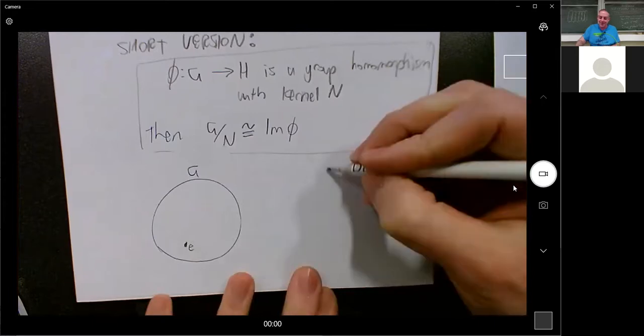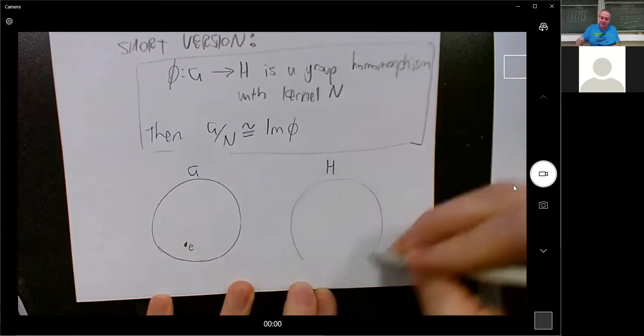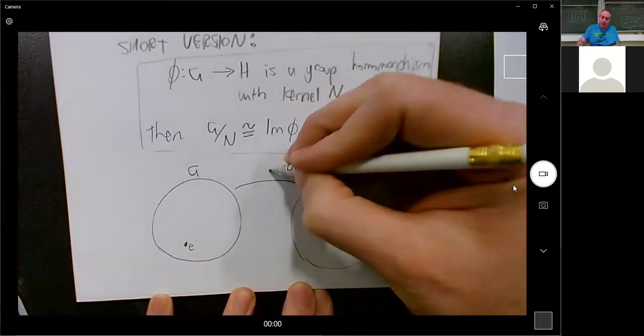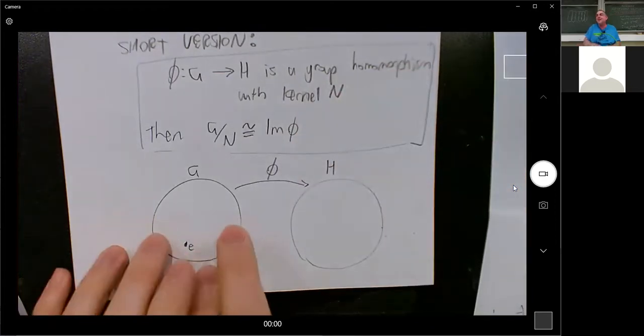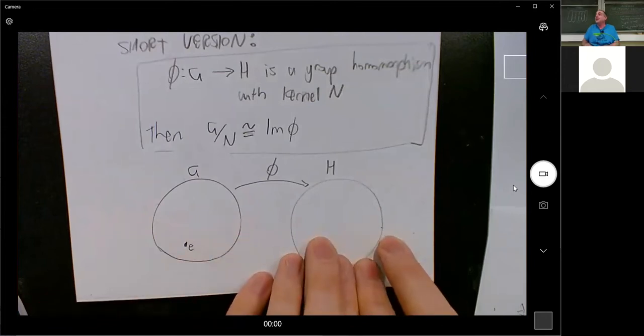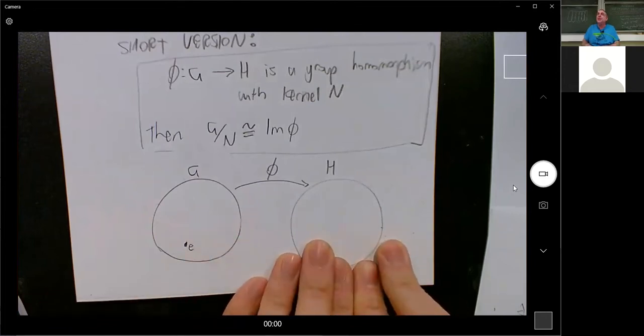And here is some other group H, and the homomorphism goes this way. And every element of G ends up somewhere over here as an element of H afterwards.